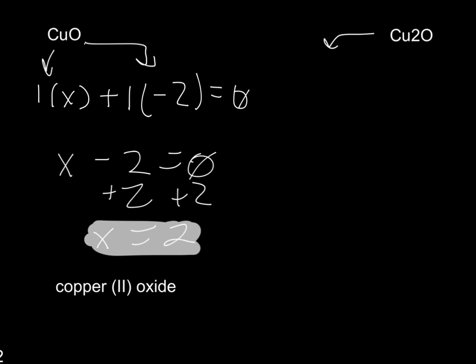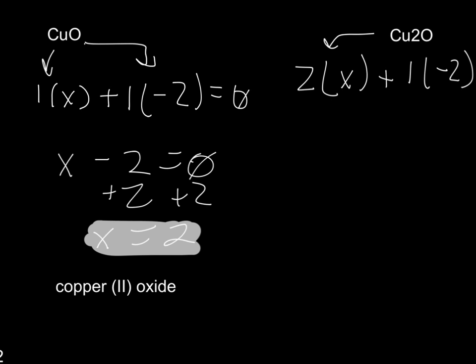Therefore, I know that I have 2 coppers with some sort of charge, and I have to add to it 1 oxygen with that -2 charge. Very similar to over here, except now instead of the 1 copper from over here, this one has 2, because there are 2 coppers there to where there was only 1 over here.